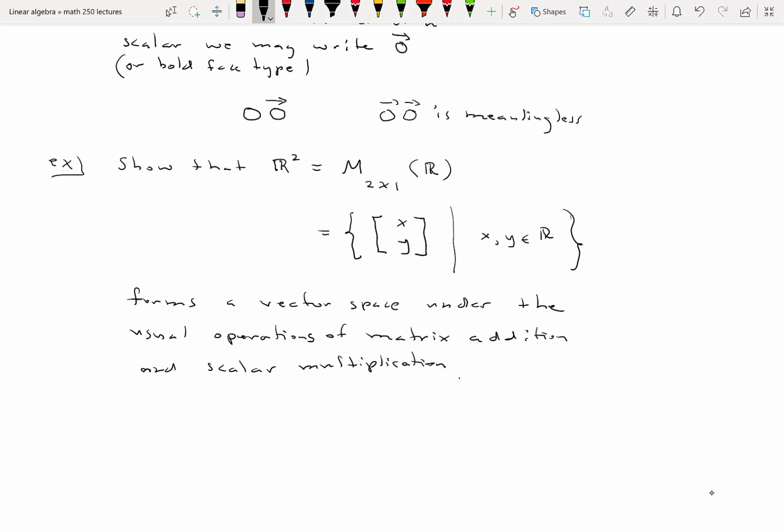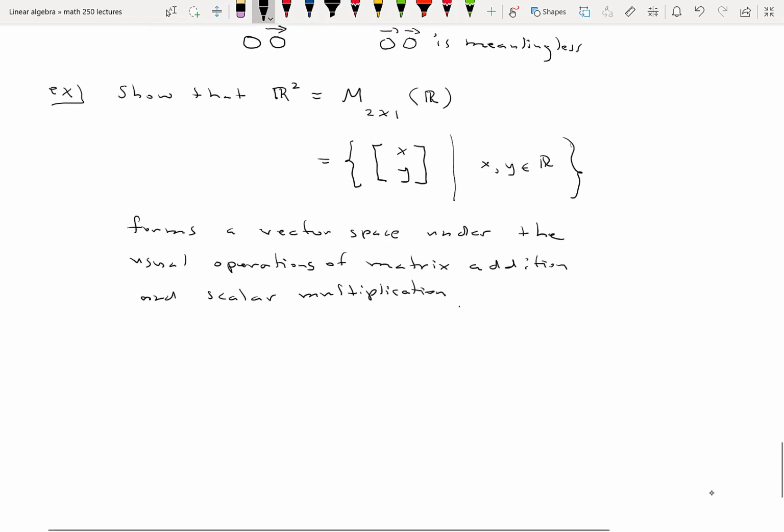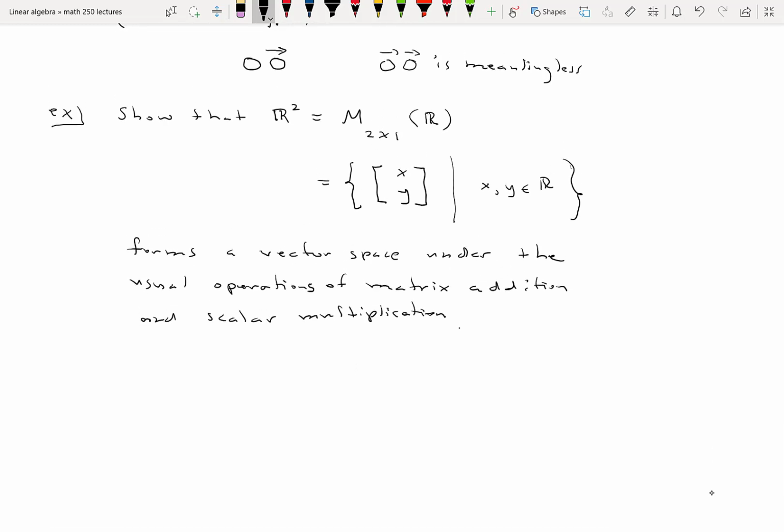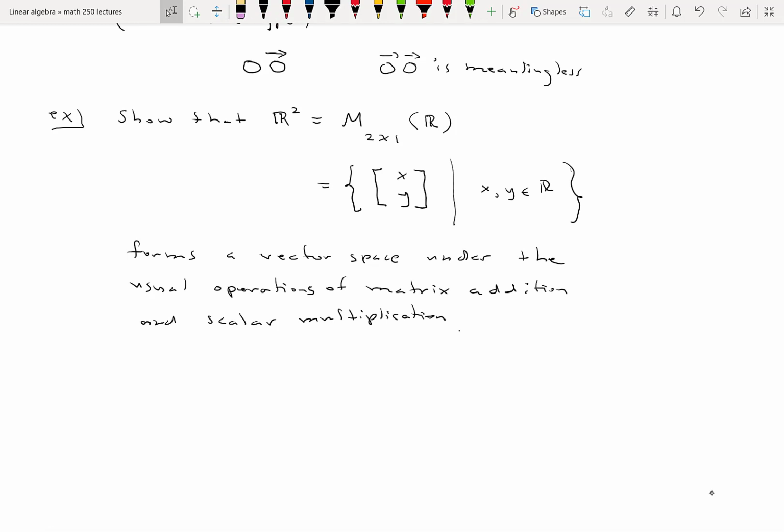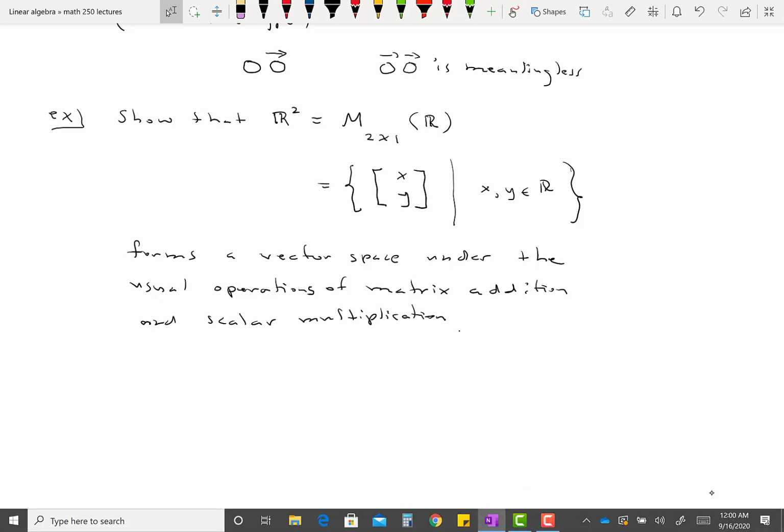Well, no, it's not. Points in the xy plane can be considered part of the vectors in a particular vector space. So I want to show that we have a vector space. I have 8 things to show. The first one says that u plus v equals v plus u.